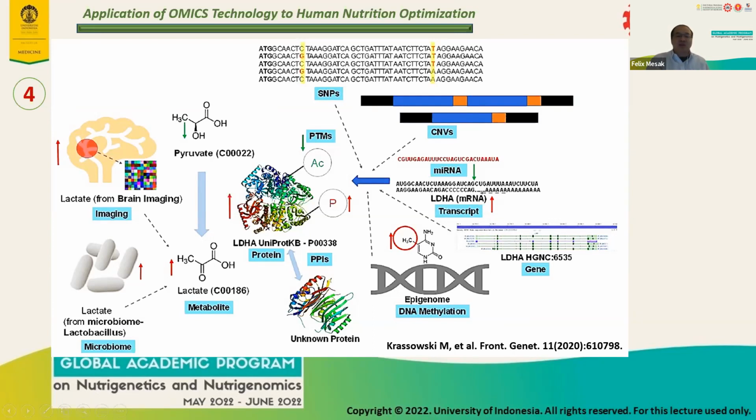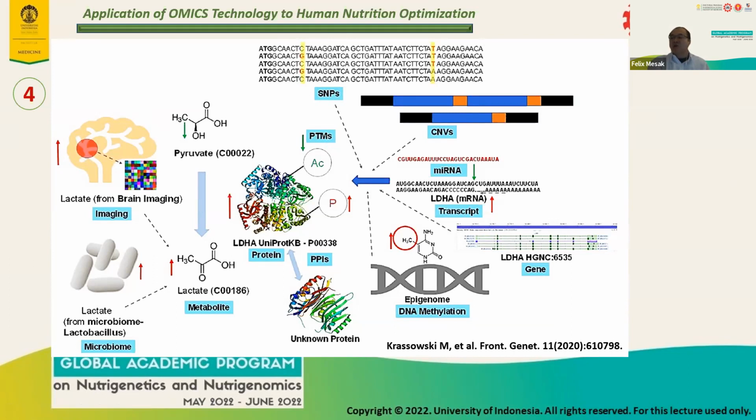So this is a 3D structure of LDHA, lactate dehydrogenase, a catalytic protein. In turn, this LDHA can interact with several known and unknown proteins through protein-protein interactions to regulate its own function. And itself is subjected to diverse post-translational modifications, PTMs, that regulate its catalytic function.